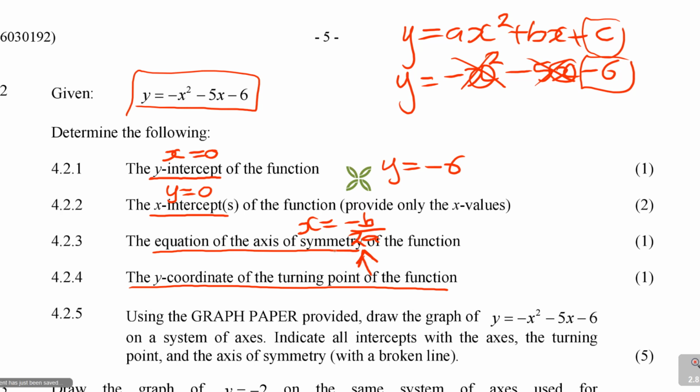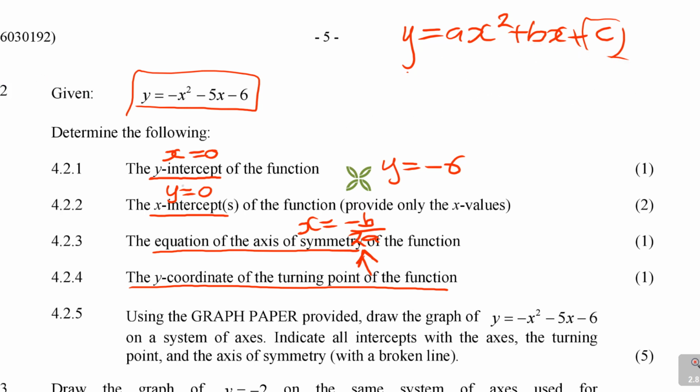Are you seeing that? Then the x-intercept, we are saying y is equal to 0. Then you come here on this. Remember now, y is 0. So here, that's where the 0 becomes. So what are you doing? We are solving for x there. It's a quadratic equation, which is minus x squared minus 5x minus 6 is equal to 0.